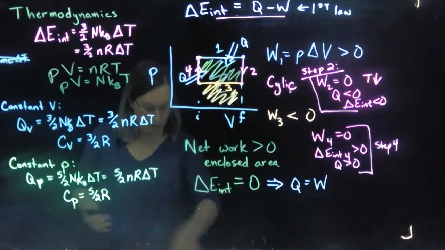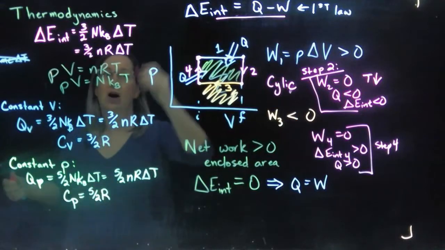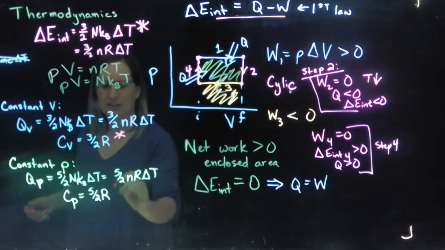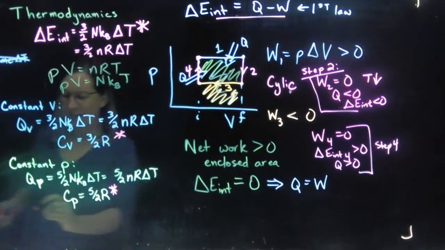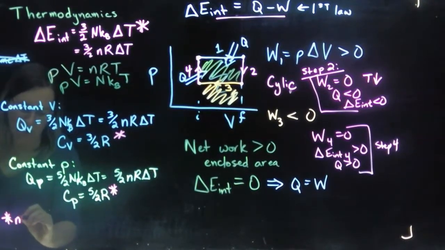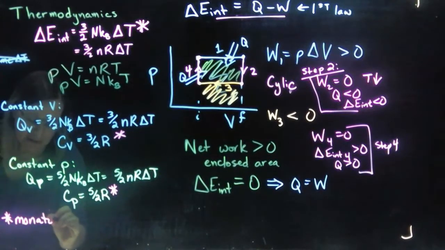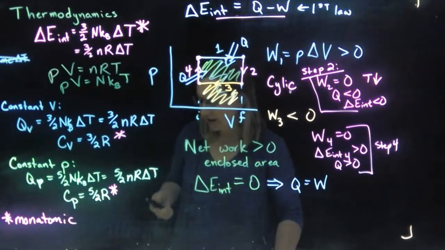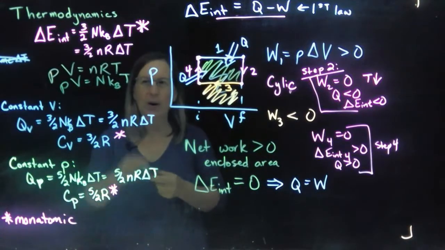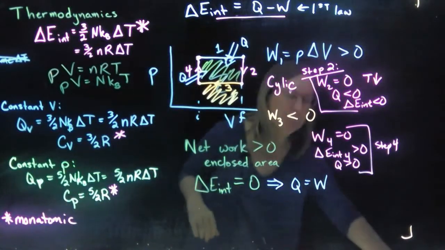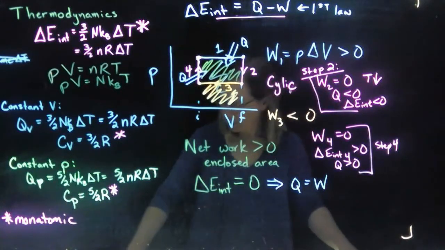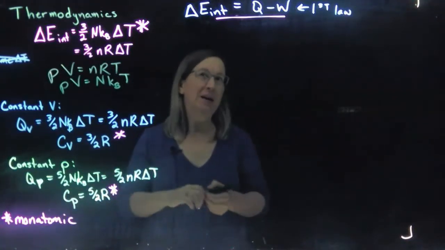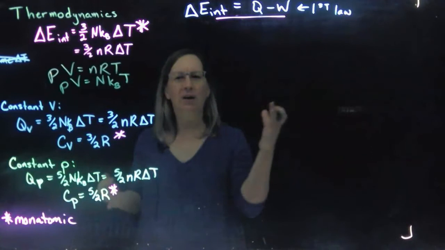Now, this all has our usual asterisk here. This asterisk says, hey, this is for a monatomic ideal gas. If you remember our discussion of equipartition, we have to do something different here. Okay, so this is all for monatomic.